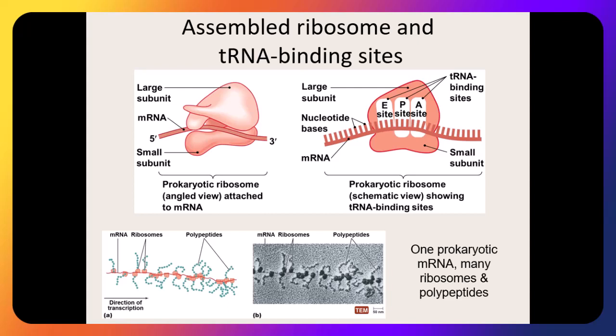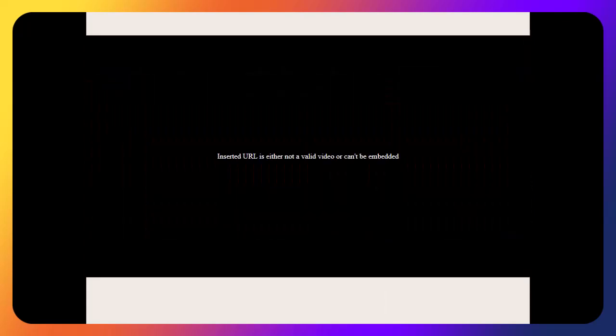You can have multiple ribosomes all reading that same message at the same time. So this is an actual electron microscope picture of lots of different ribosomes all attaching to that message. They're all in order, reading that message, all making the same protein. It speeds it up a little bit.